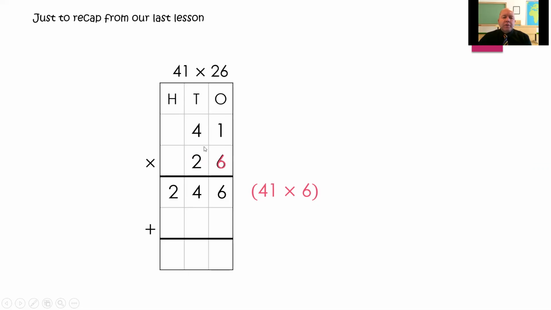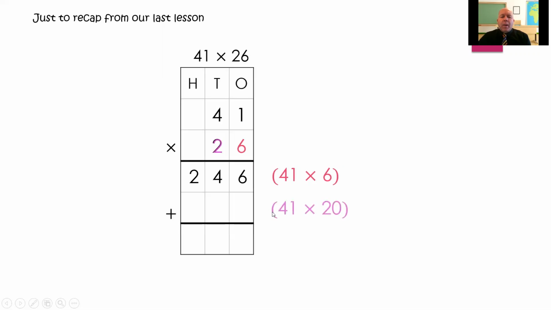We're now going to move on to the 2 tens, which we're just ignoring for a minute. And now we're going to do 20. Remember? 2 tens, it's not a 2, it's 2 tens. So 20 multiplied by 41. We're going to start with 2 lots of 1, or 20 lots of 1, I should say. Now, to help us out, we're going to put a space saver, a 0, here in the ones column.